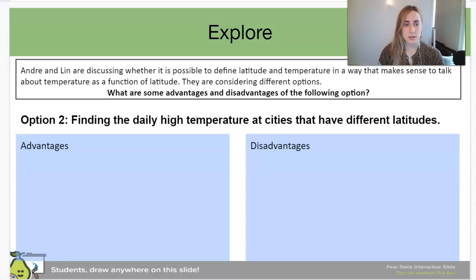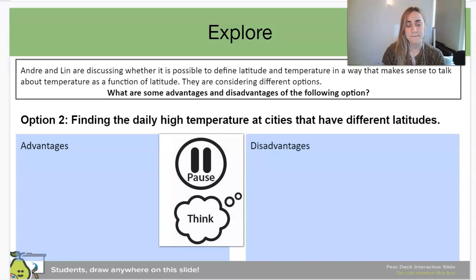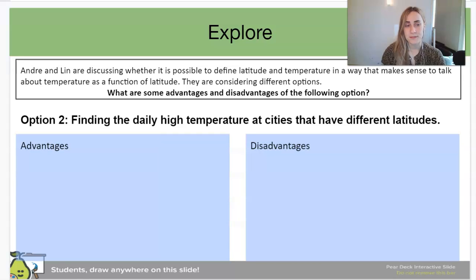Our next option, and again, we're thinking, is it possible to define latitude and temperature in a way that makes sense to talk about temperature as a function of latitude? That's what we're considering with each option. So what about finding the daily high temperature at cities that have different latitudes? Pause and think. And then we'll move on to your next option.